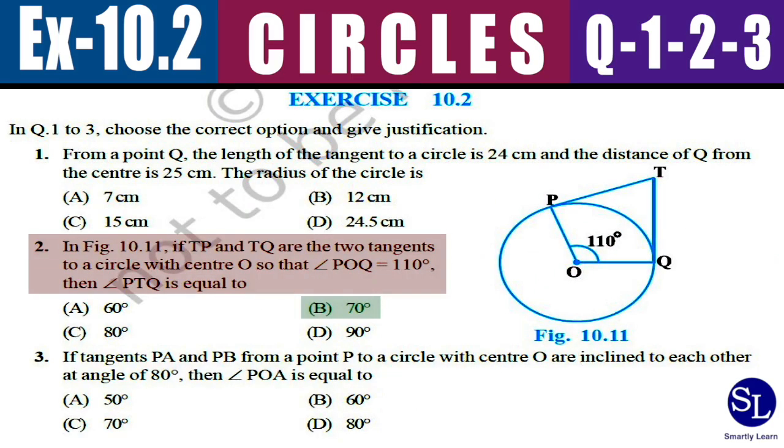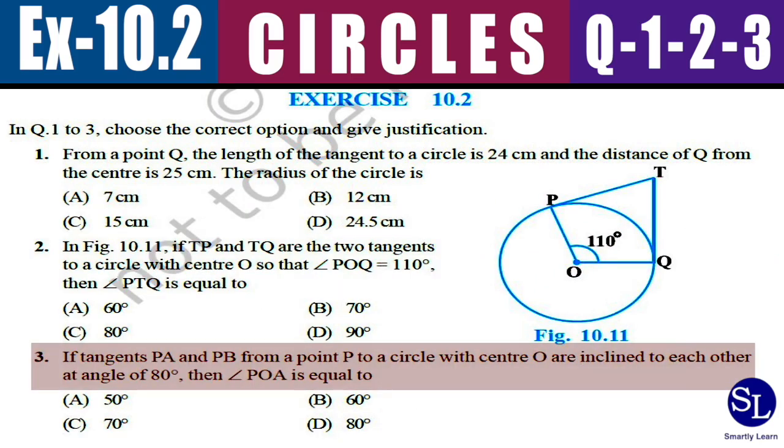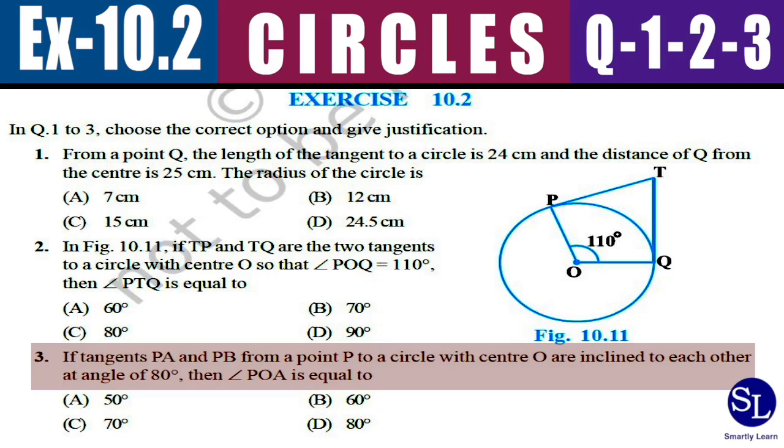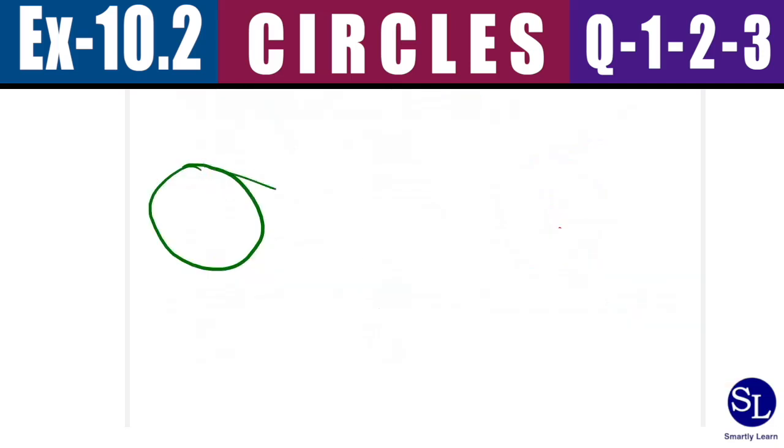Now let's see question number 3. If tangents PA and PB from a point P to the circle with center O are inclined to each other at an angle of 80 degrees, then angle POA is equal to? Let's find out what they have given. If you draw the diagram, we will get a clear understanding. We are drawing a circle, with tangents PA and PB from a point P to the circle.